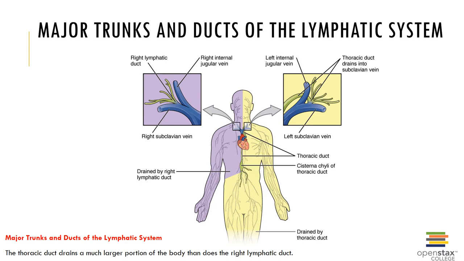Superficial lymph collecting vessels are located in the subcutaneous layer deep to the skin, in the areolar tissues of the mucous membranes lining the digestive, respiratory, urinary, and reproductive tracts, and in the areolar tissues of the serous membranes lining the pleural, pericardial, and peritoneal membranes.